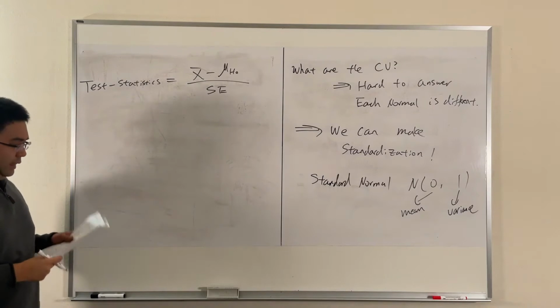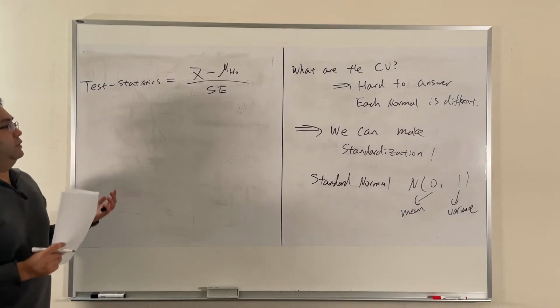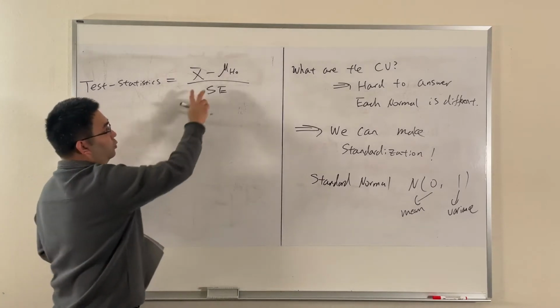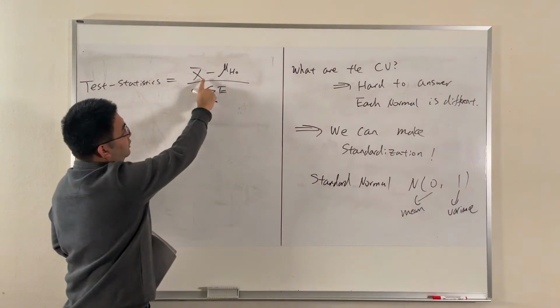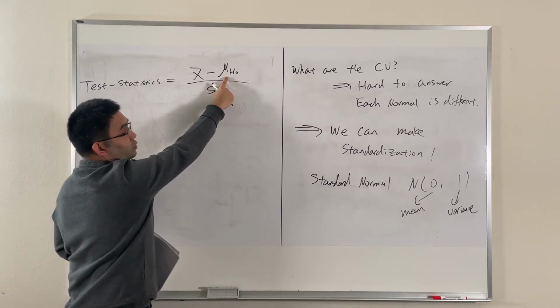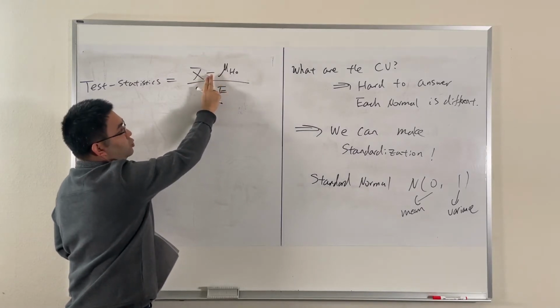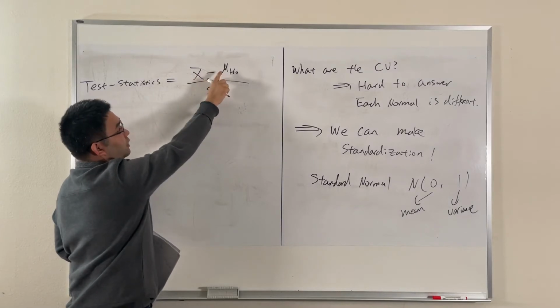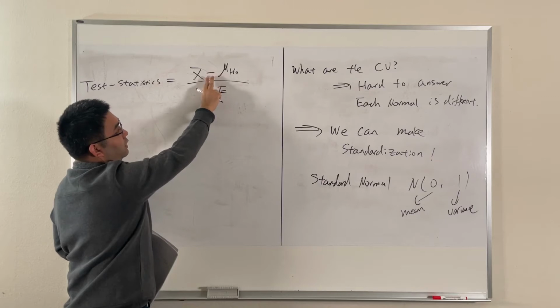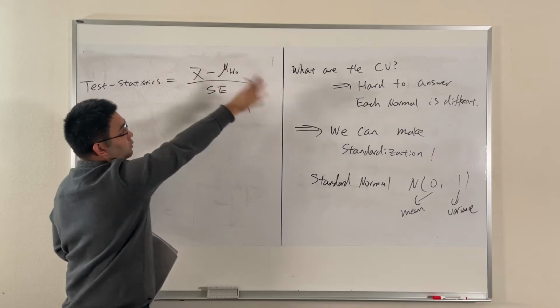This is the process of standardization. One thing I want to point out is that we are looking at the distance between your sample mean and the mean under the null. If these two are close to each other, then this value should be close to 0. If they're very different, then this value is far away from 0.